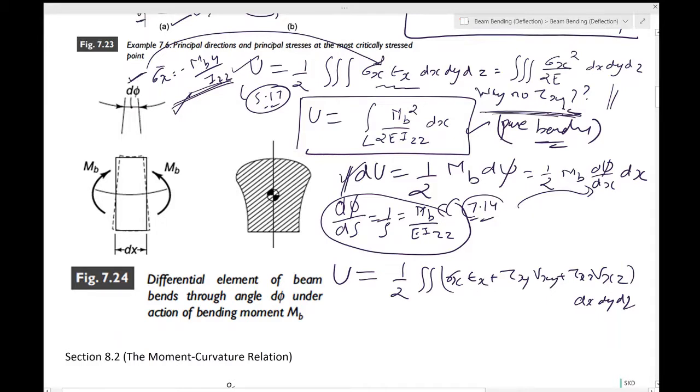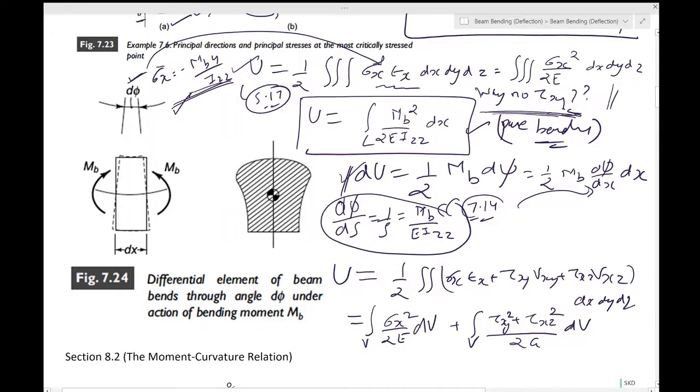You would then be able to write this as, over the entire volume, sigma x square by 2E dV plus, over the entire volume, tau xy square plus tau xz square terms.